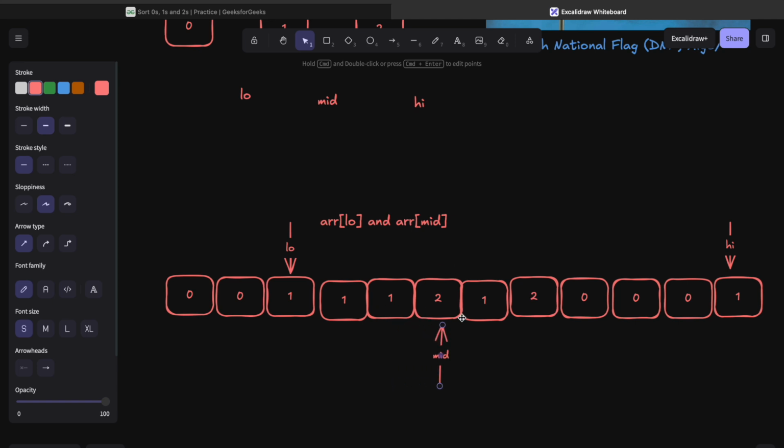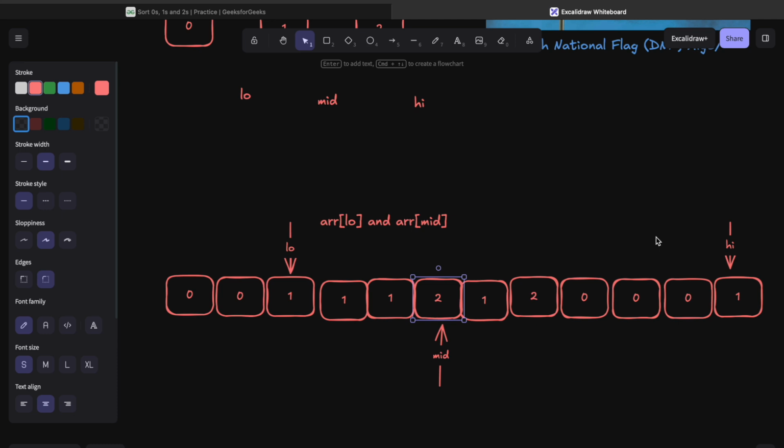Now I have found a two, and at the end what we actually have is a one. If I have found a two here, I want to make sure that twos are always at the end, right? So I can swap it so that the two is at the end.